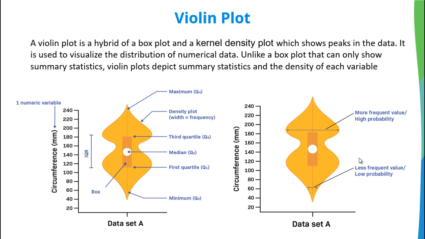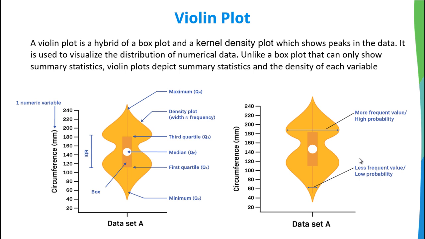We are going to look at a violin plot today, and you must understand quickly that a violin plot is an advance of the box plot, and a box plot seems to be old-fashioned. So violin is a step higher or further than box plot.